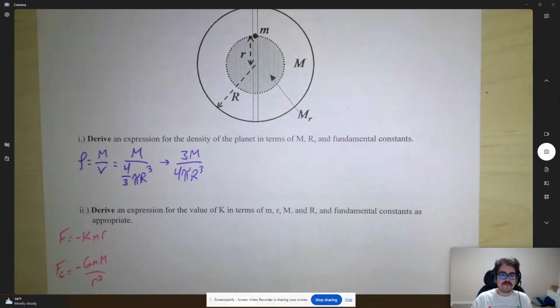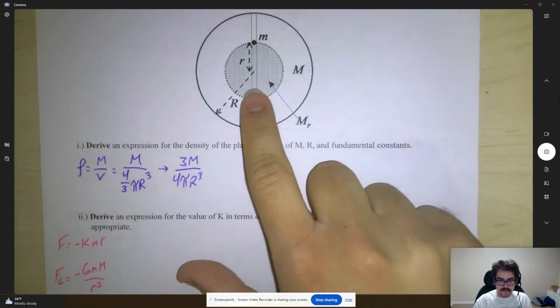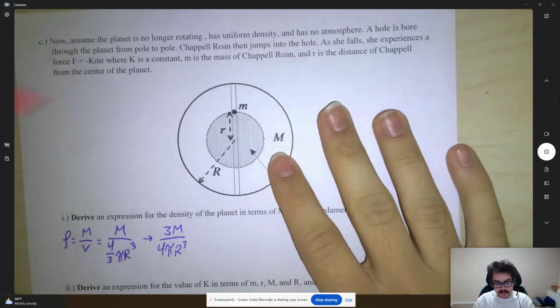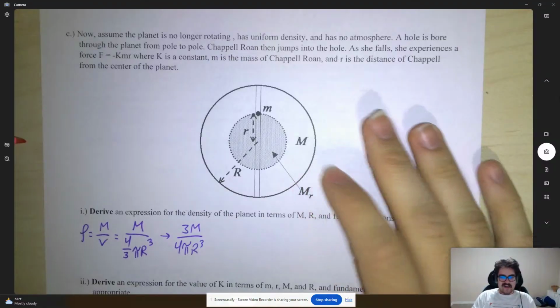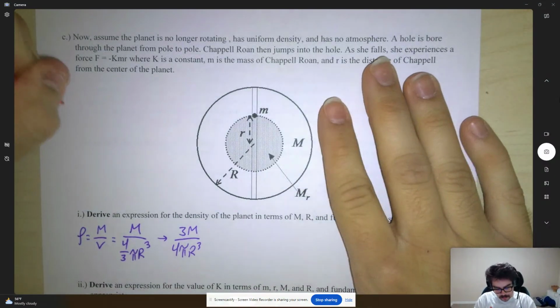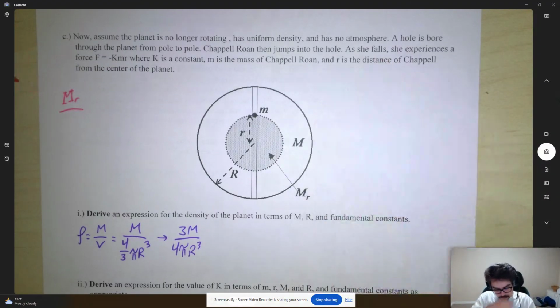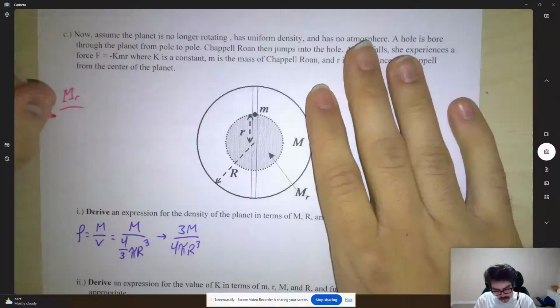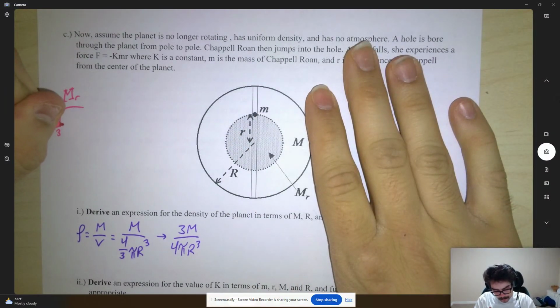If the density is uniform, then I would set up a ratio for the amount of mass contained within here. Let's call this M sub r over the volume that is in here, which would be 4/3 pi little r cubed.